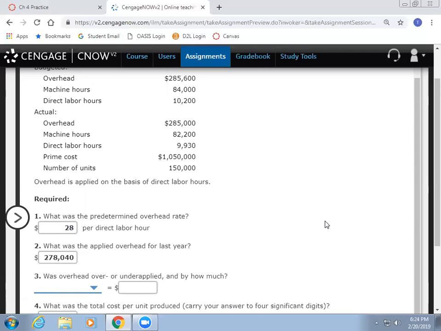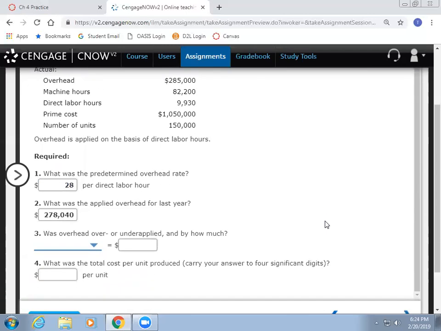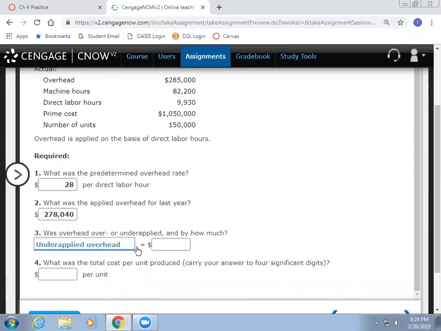So since our actual was higher than our applied, we didn't apply enough overhead, so we under applied overhead. And by how much? 6,960. Very good, 6,960. We'll just subtract to get the difference. So again, on the left is our actual, and then over here on the right is applied. Okay.